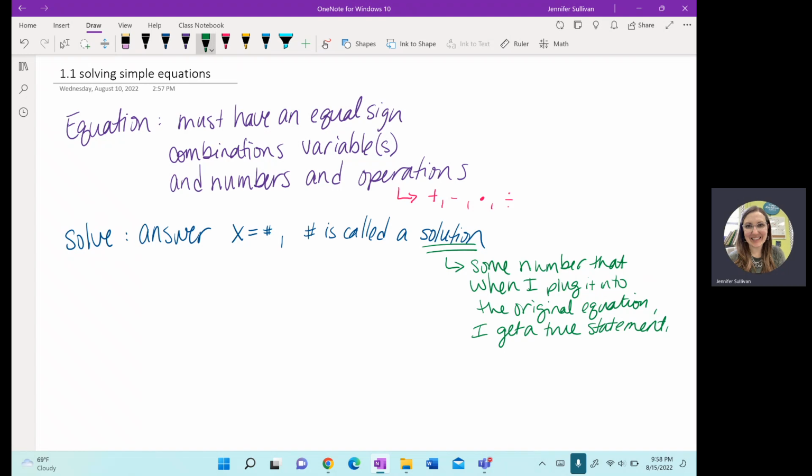That's kind of a long definition. What I mean by a true statement is something where I get like 3 equals 3, or 0 equals 0, or -10 equals -10. I get some number equaling itself. That is a true statement. I'm going to use that phrase a lot this year.